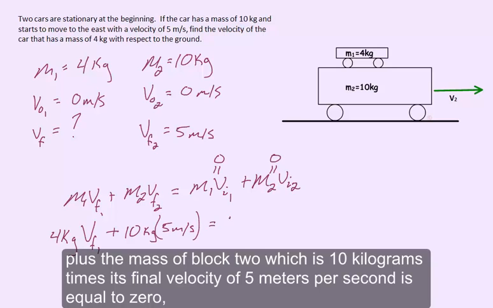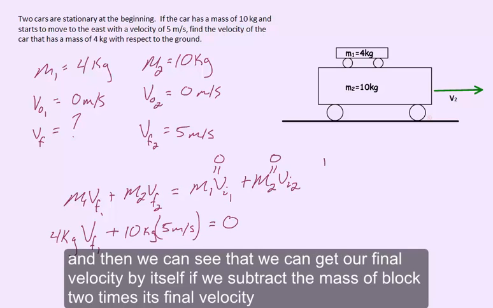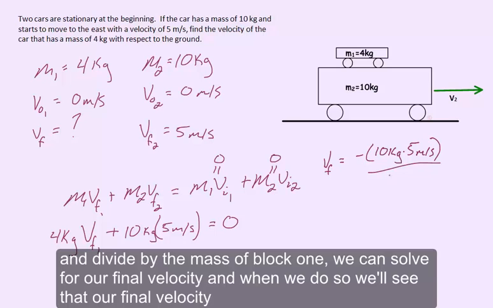is equal to 0. And then we can get our final velocity by itself if we subtract the mass of block 2 times its final velocity and divide by the mass of block 1.